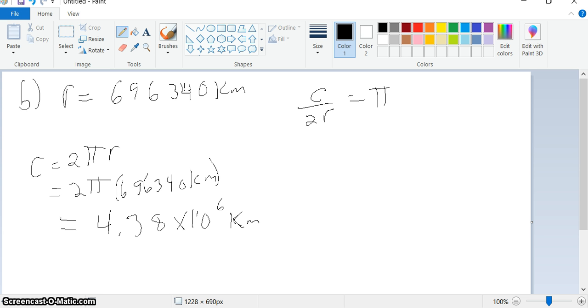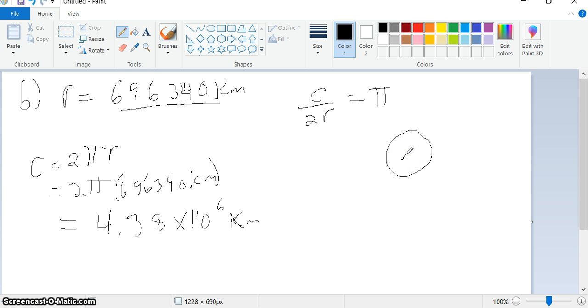So at the sun's equator, the radius is 696,340 kilometers.